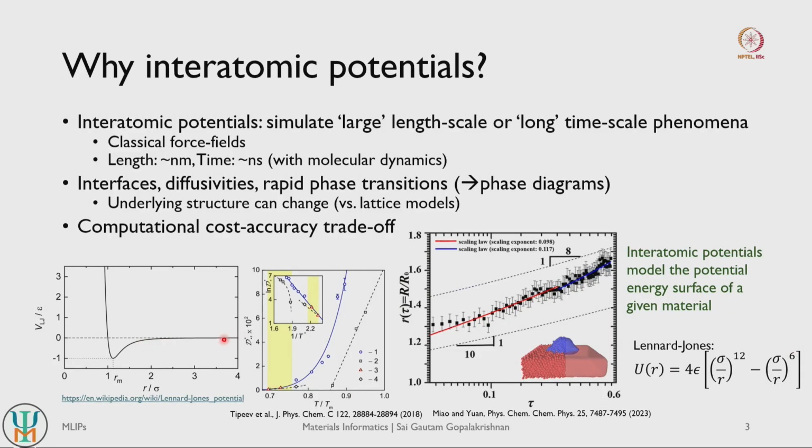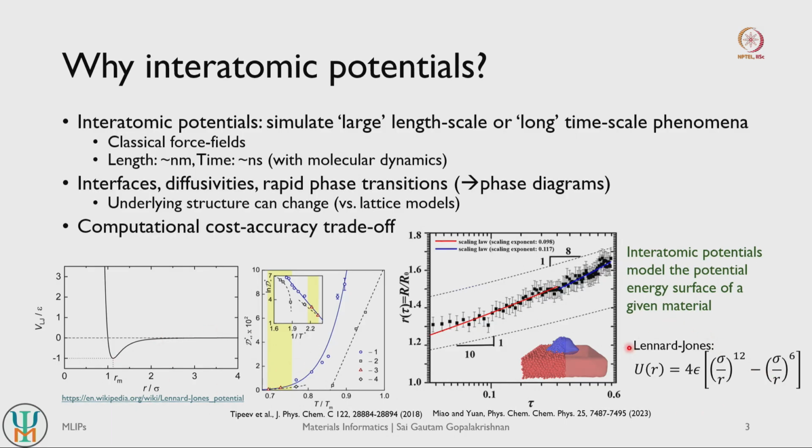So as atoms are far apart, they are naturally attracted towards one another, right, and the balance of this repulsion and the attraction terms normally leads to some kind of a minimum in your potential energy surface. So this is roughly the U of r here, and this is roughly the distance r here. So you sort of get a minimum, and that minimum basically represents your equilibrium bond length, or in the case of solids your equilibrium lattice constant.